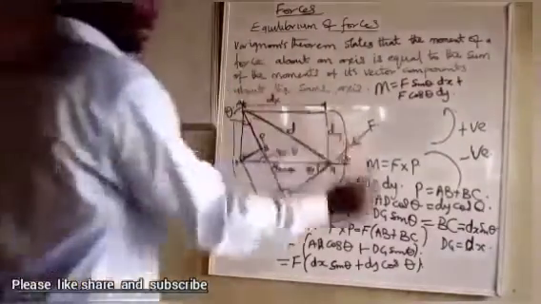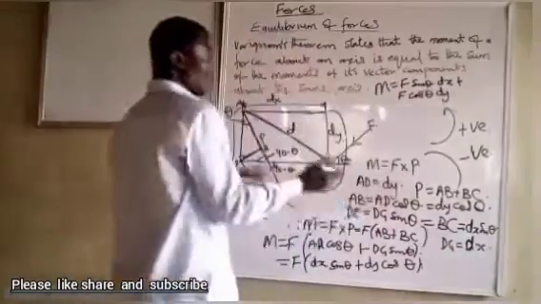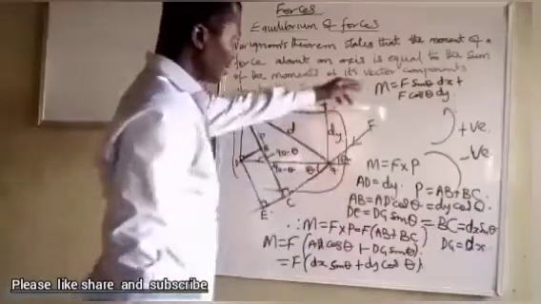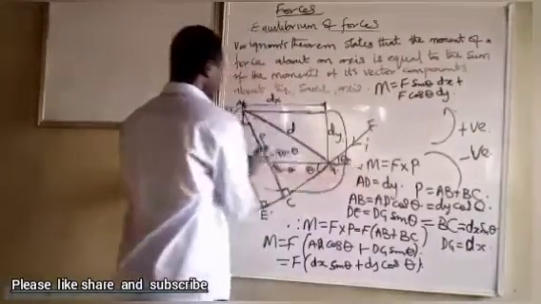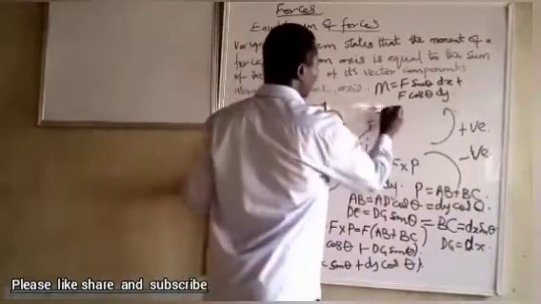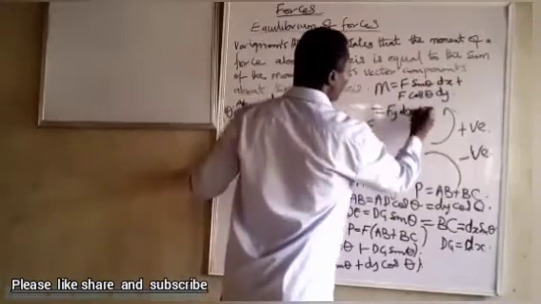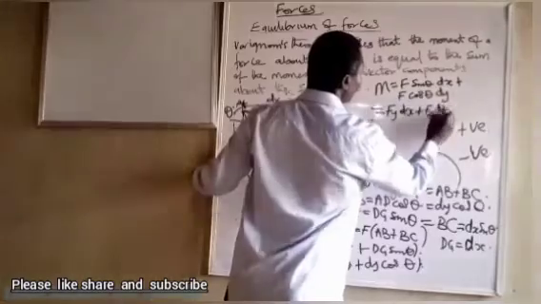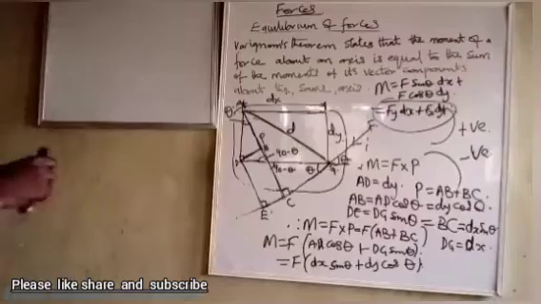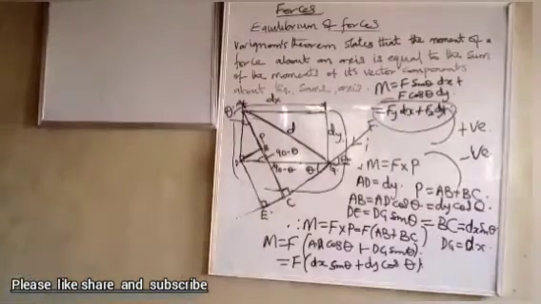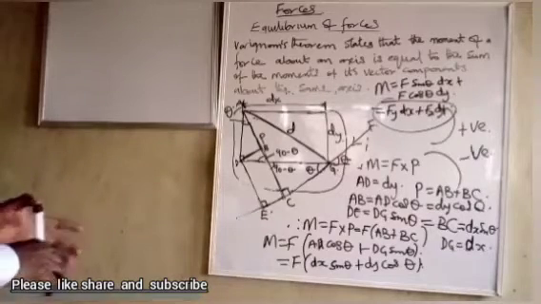Just like when you break it into its vector components, express F in its vector form and D in its vector form, do the cross product, and you get your N. If you don't want to do that, just break it. So Fy times dx, because that is F sine theta, plus Fx times dy. That is the simplest way you can express it: Fy times dx plus Fx times dy. That's all. Just consider the direction. If it is positive or negative, know how to add it, and that is all.